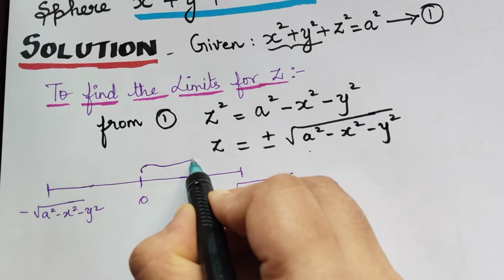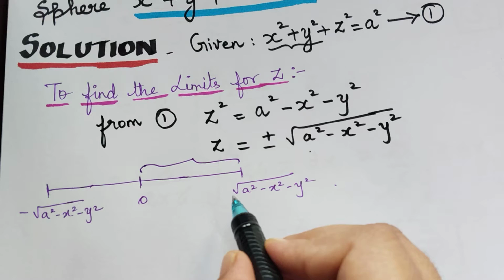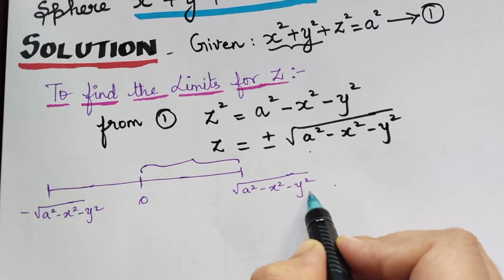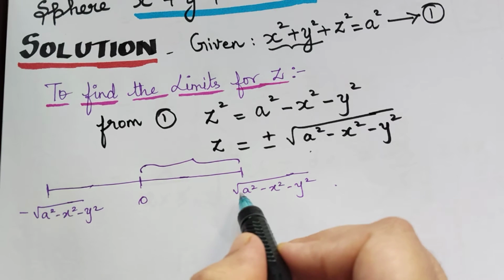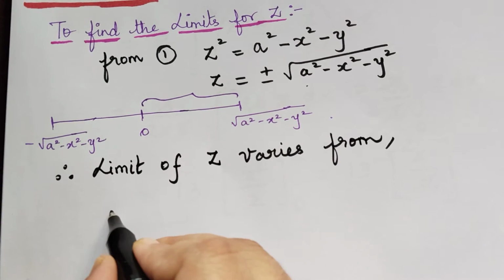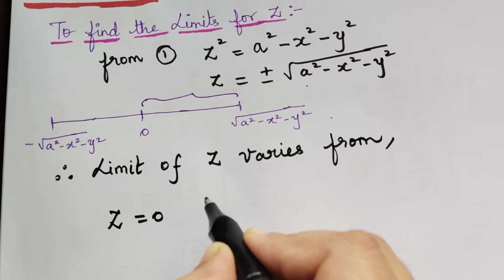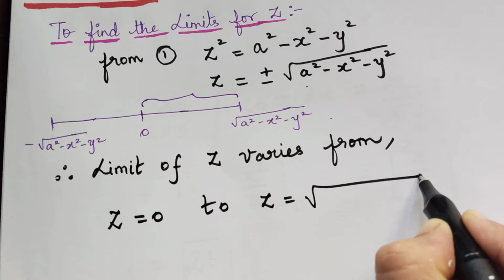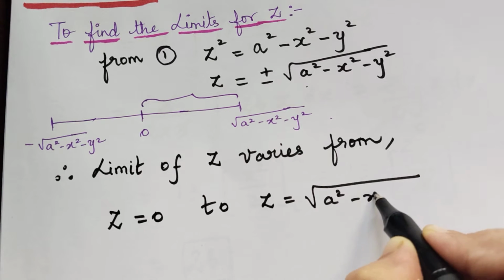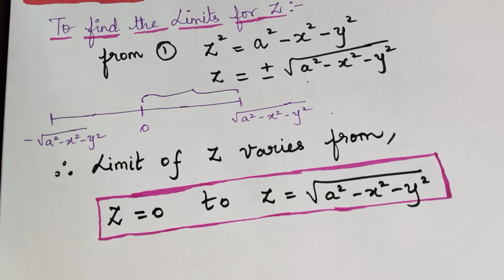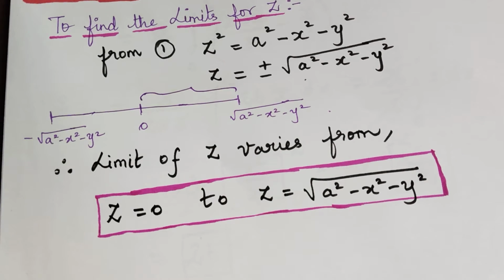We will consider only from 0 to square root of a square minus x square minus y square. Hence the limit of z varies from z equal to 0 to z equal to square root of a square minus x square minus y square. So these are the limits for z.